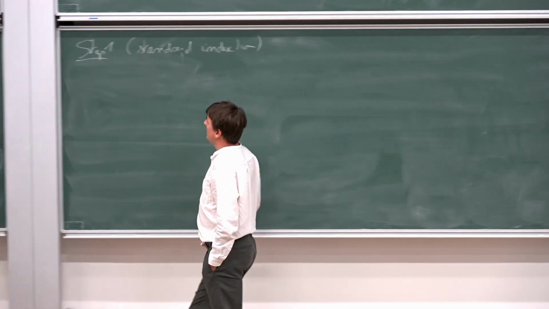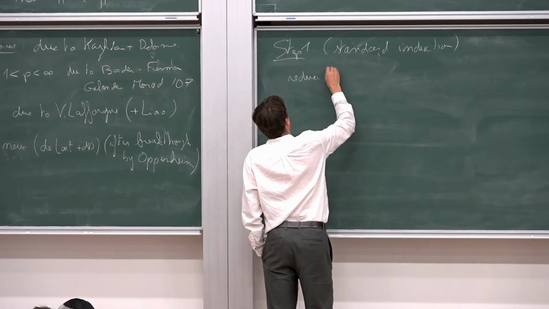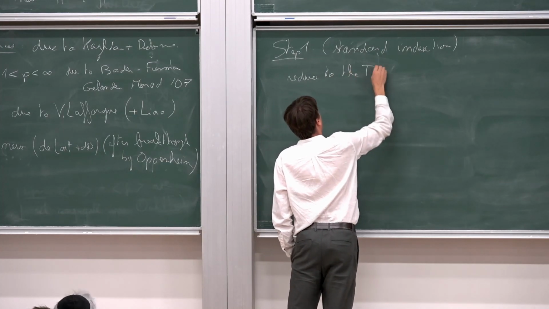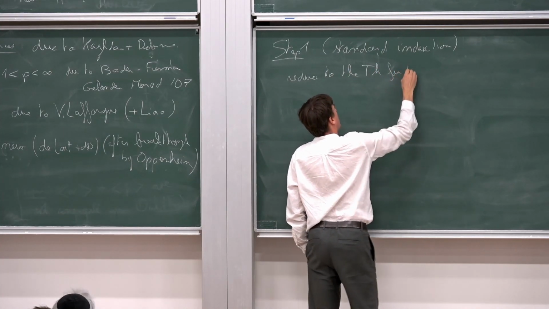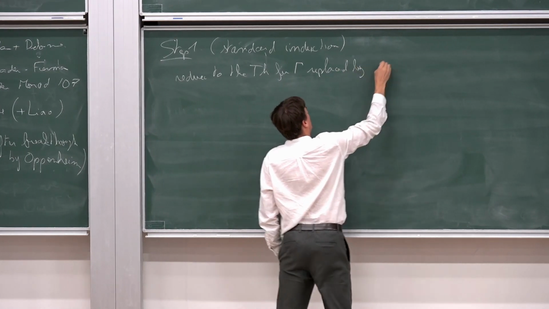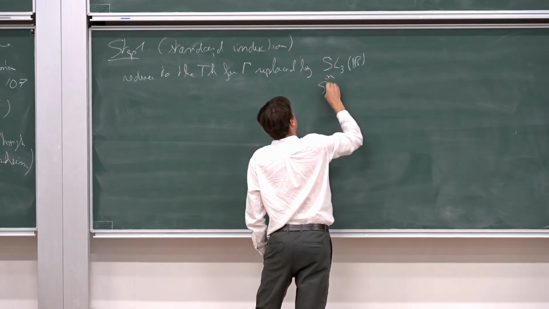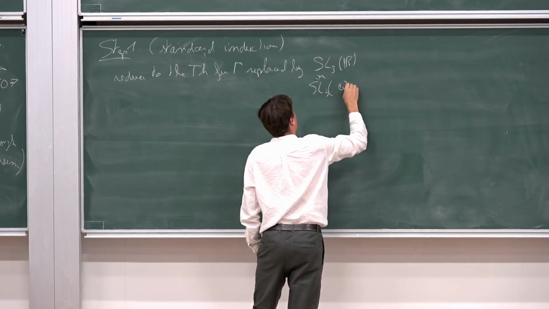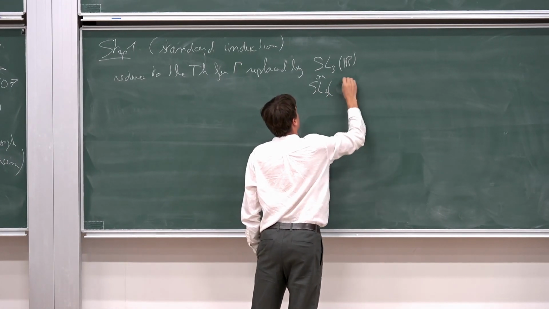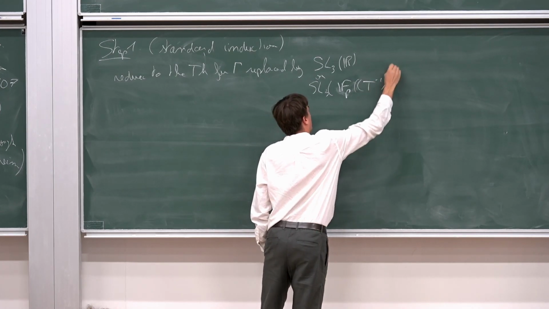So here we reduce to the theorem for gamma replaced by SL3 of R or SL3 of Q. Or actually, in a way, of a ring of Laurent series.